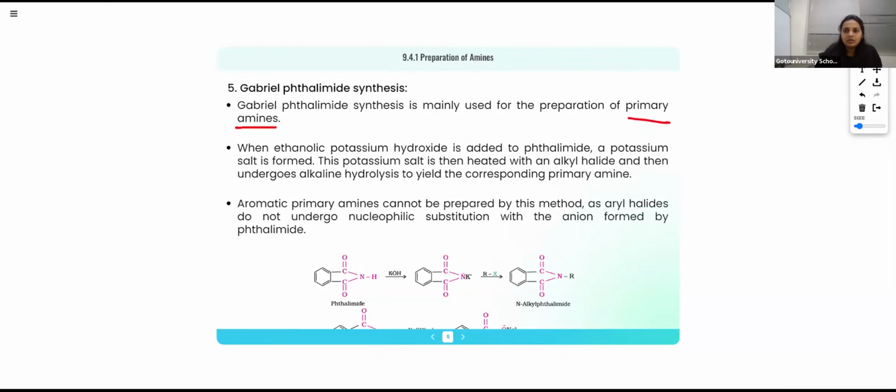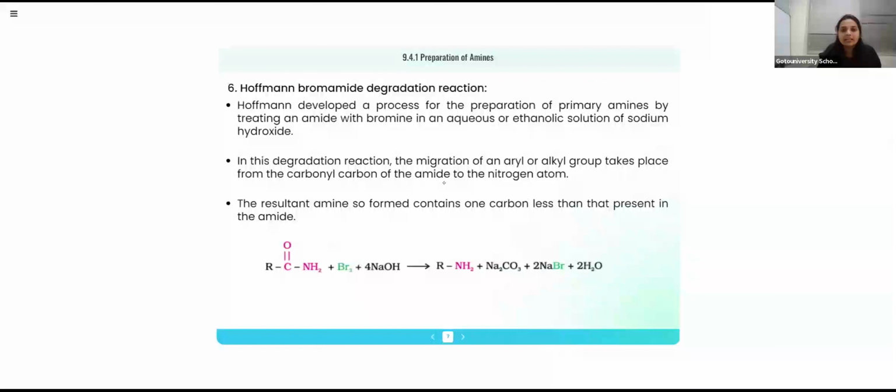Okay, it's clear. Then the next method for the preparation is the Hofmann bromamide degradation reaction. Again, important. As I told you, all the name reactions are important.